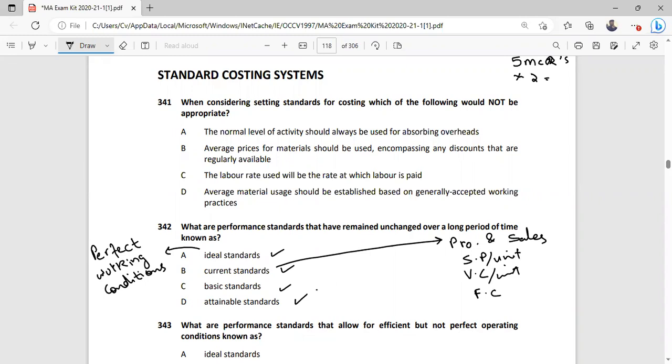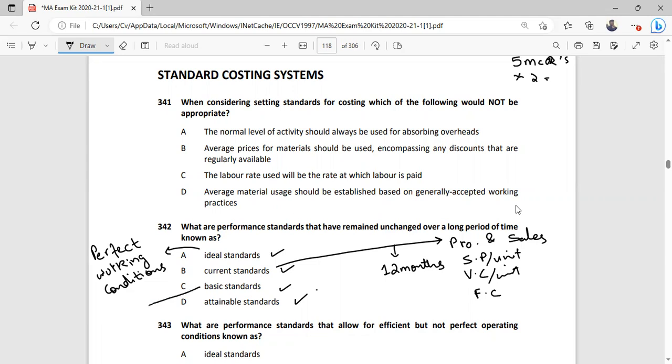Current standards are set for 12 months. Or if we are making budget for less than 12 months, suppose a company is making budget for 6 months, then we are going to set our current standards for 6 months time. If a company is making budget for each quarter, it means we are going to set current standards for 3 months.